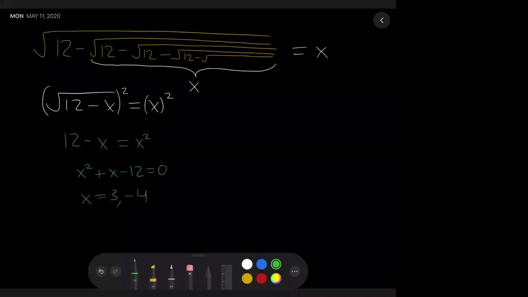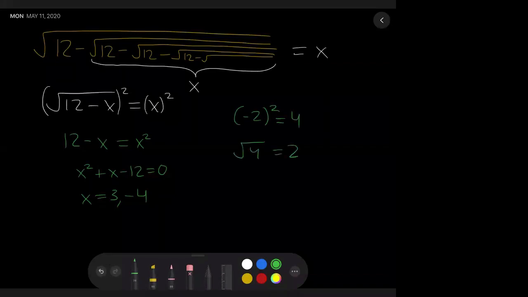But remember what I said earlier about extraneous solutions? We have to check if this actually makes sense. And 3, yeah, it makes sense. I can see the answer being 3. But negative 4, on the other hand, the square root of a positive number is always a positive number. I know people say that you can square root negative, it's equal to 4. I know that, but the square root of 4 is equal to 2.